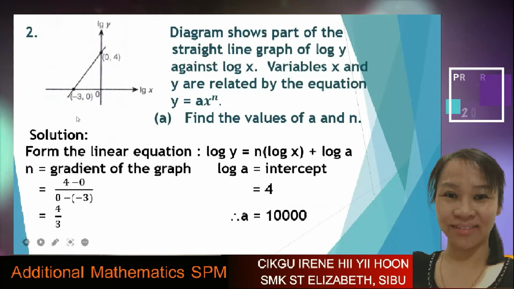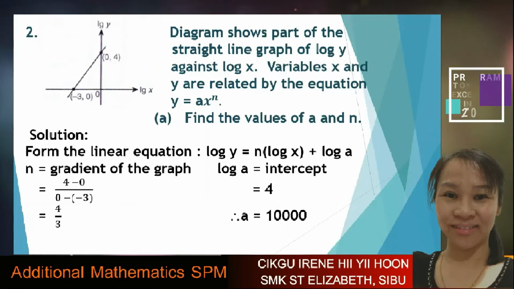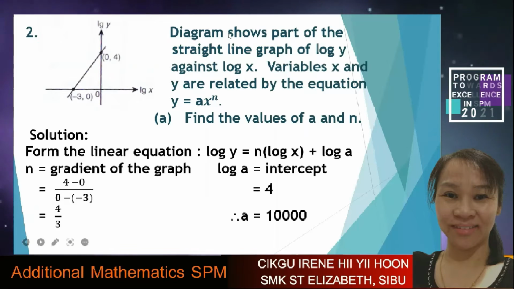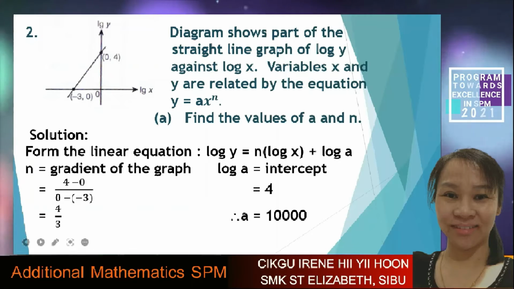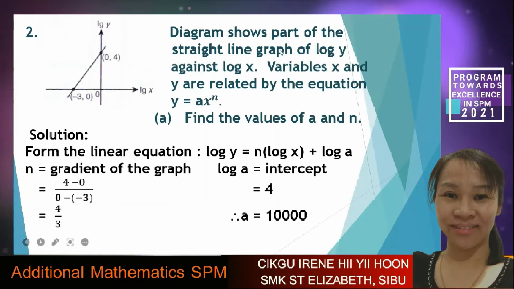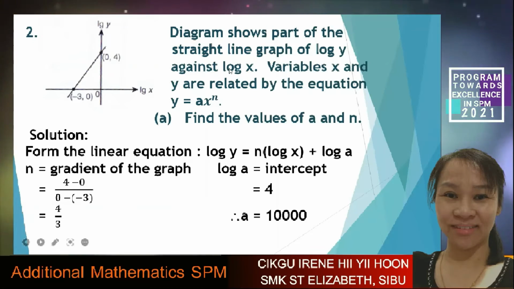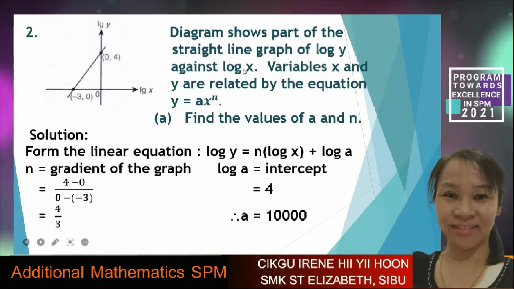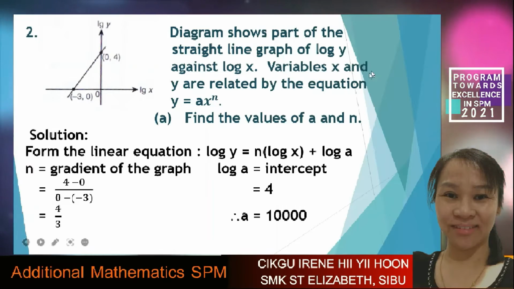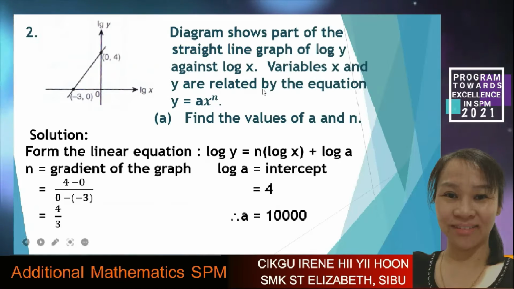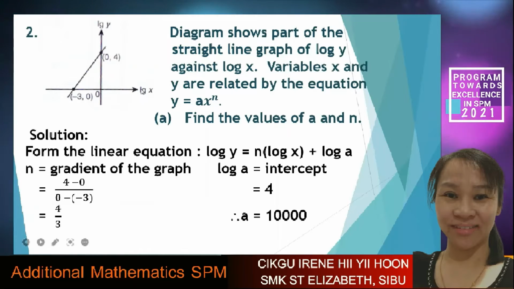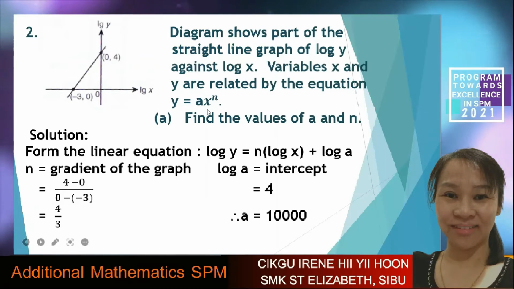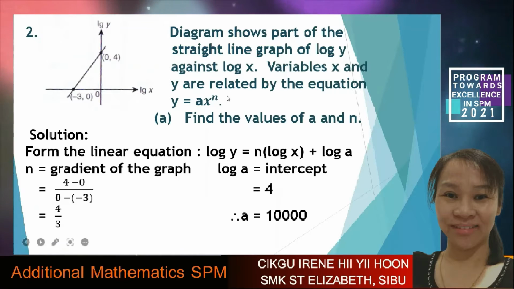Now let's look at question number 2. In this question, the diagram shows part of the straight line graph of log y against log x. Variables x and y are related by the equation y equals ax to the power of n.